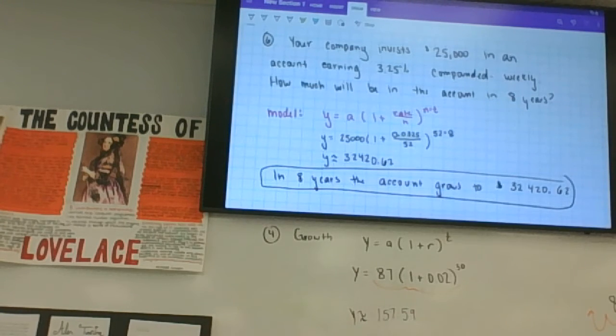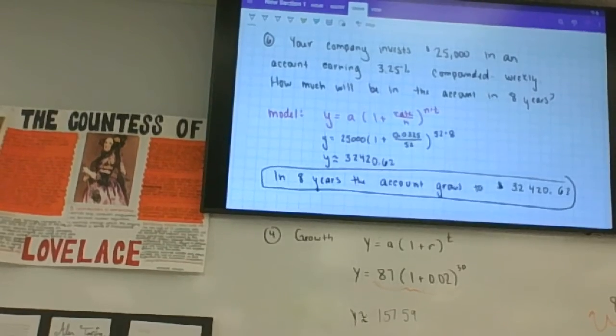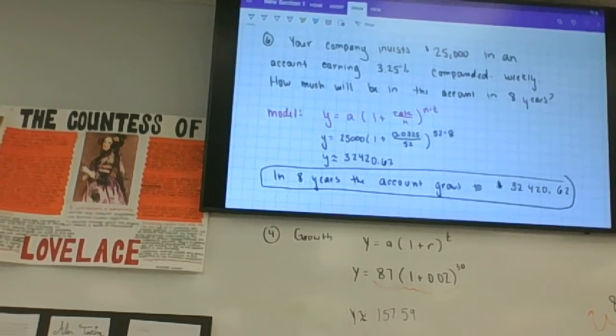Just to put your assets right there in that account. I got a different answer. I got 300,000. Hmm? Oh, okay. Okay, using your calculator. Who else has a calculator question? No? Okay.